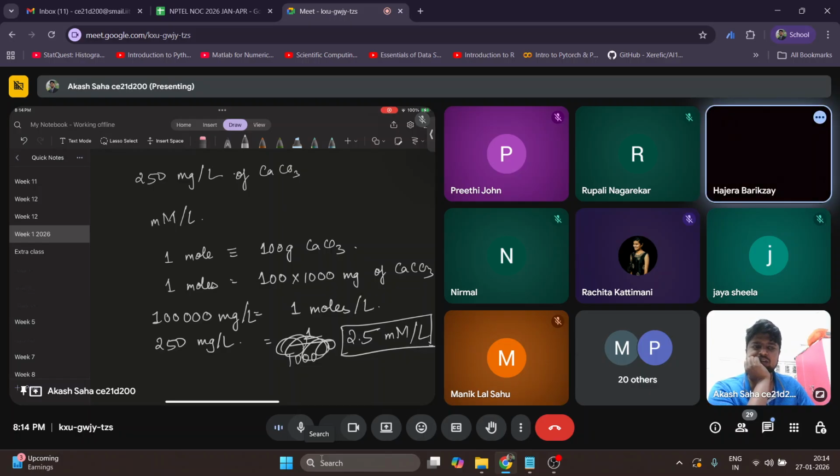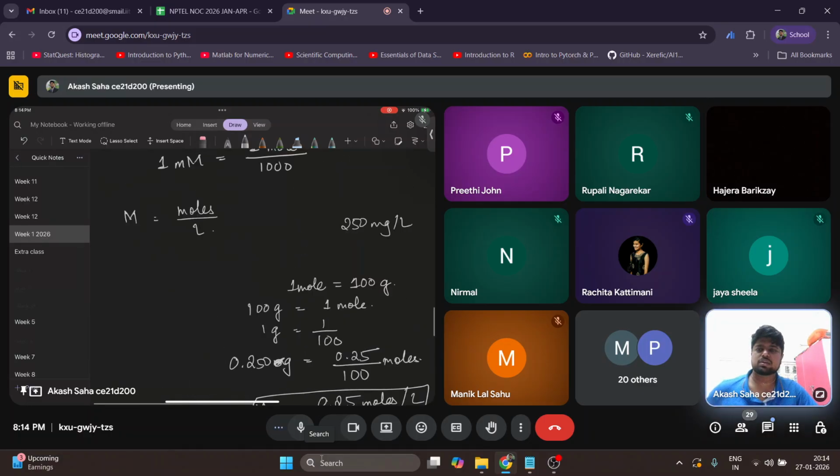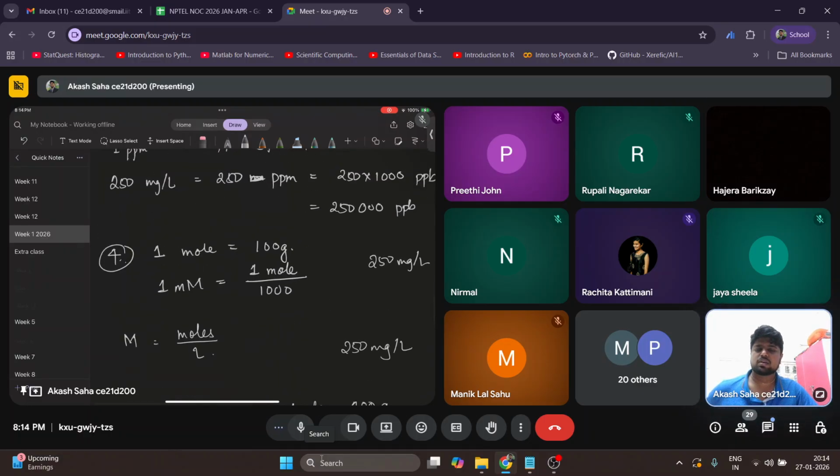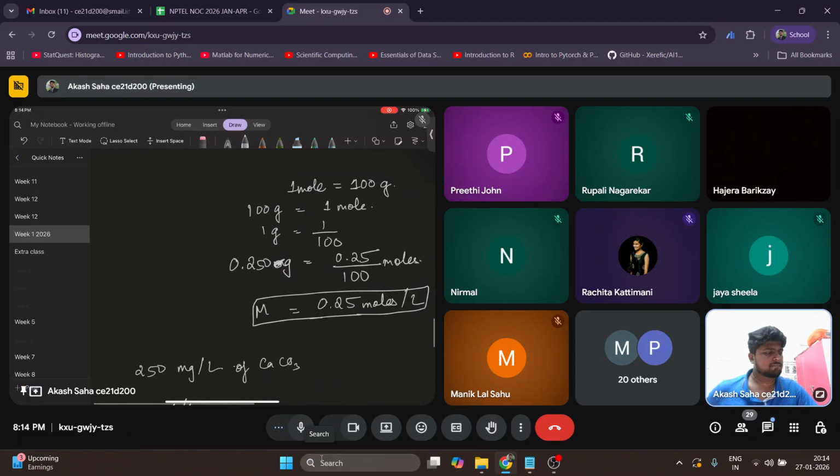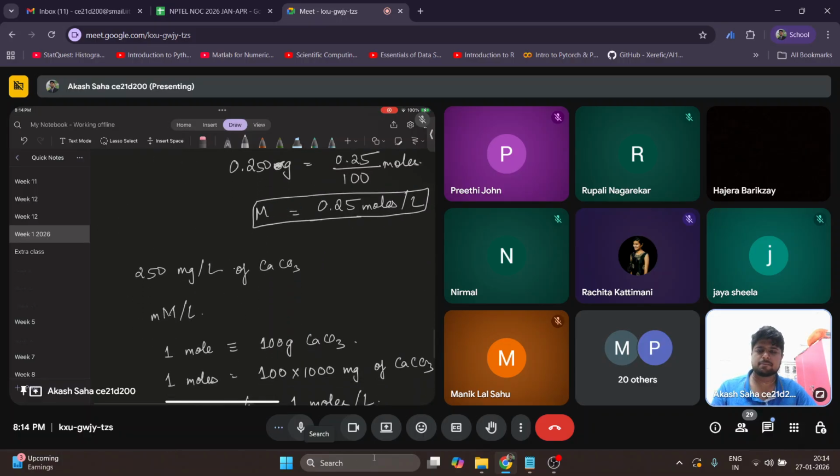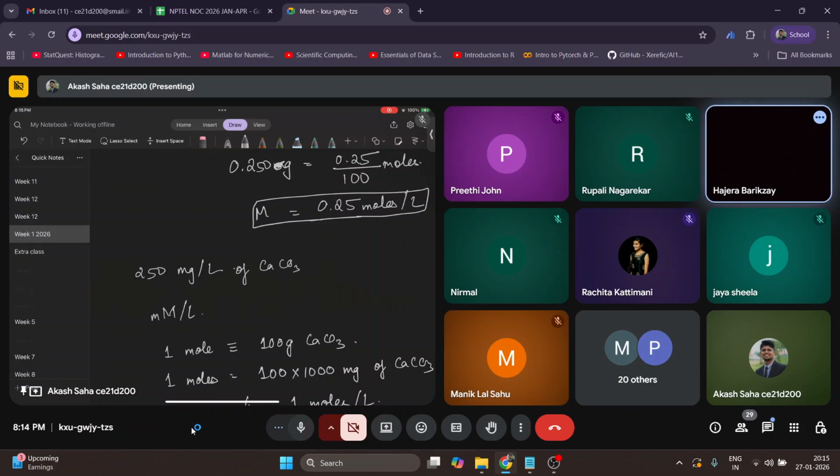Is it fine? Are others able to understand? You've said 1 mole equals 100 grams of calcium carbonate, and 1 mole equals 100 into 1000 milligrams, that is 100 with 3 zeros, per liter equals 1 mole per liter.